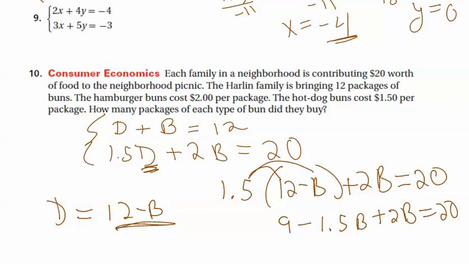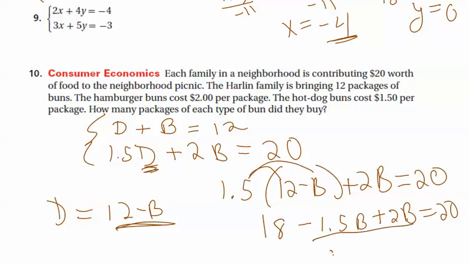Actually, I made a mistake here. 1.5 times 12 is 18. Fix that. So we have 18 minus 1.5b plus 2b.